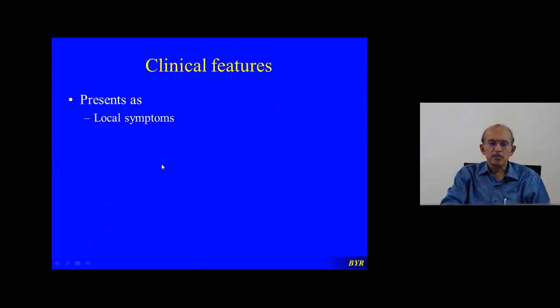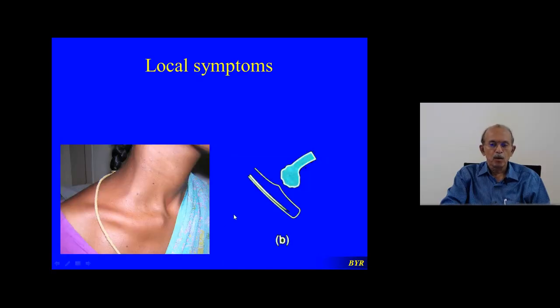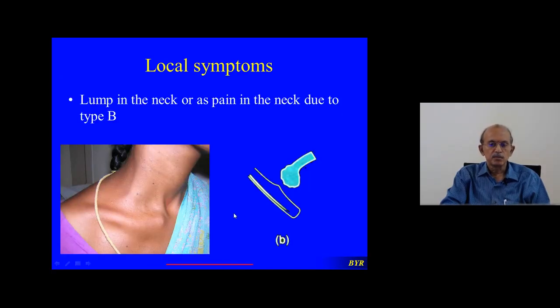It presents as local symptoms, vascular symptoms, and neurological symptoms. Local symptoms: you can see a hard lump. You may mistake it for a secondary deposit in the cervical nodes. This hard deposit is nothing but the bulbous end of a cervical rib.